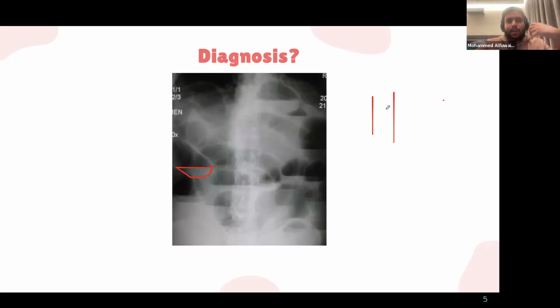And a patient with cholecystitis, which is gallbladder inflammation, has cholelithiasis, they can have something called a gallstone ileus. A gallstone ileus is basically, this is the gallbladder, and this is the bowel.